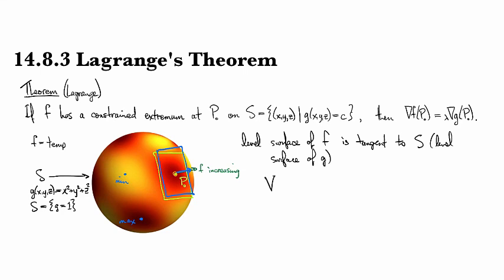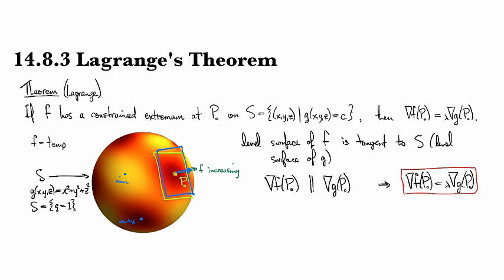So that tells us that the gradient of f at p naught is parallel to the gradient of g at p naught. The equation form of that statement is that one is a scalar multiple of the other. And so that's where we get this formula for the Lagrange multipliers. By the way, lambda itself is the actual multiplier.